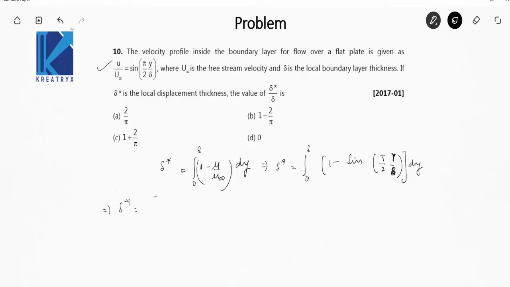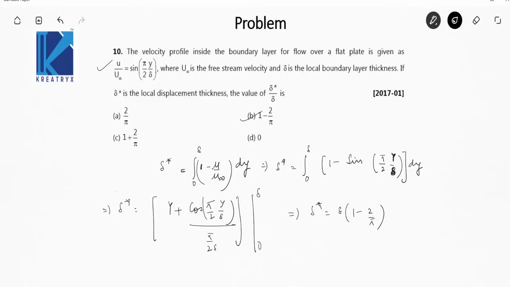Delta star is equal to y plus cos of pi by 2 y by delta upon pi by 2 delta, from 0 to delta. This will be equal to delta times 1 minus 2 by pi. Take the ratio, and the answer will be b, 1 minus 2 by pi. So it was a basic, direct formula based question.